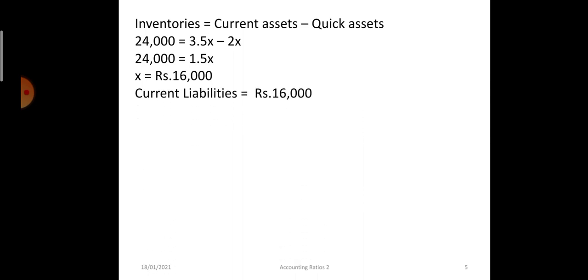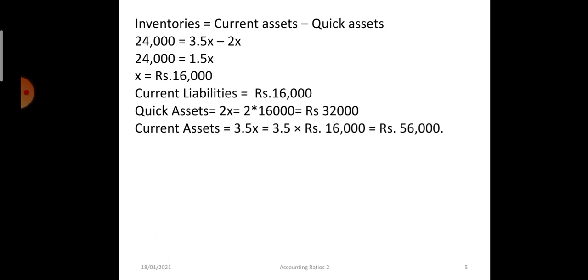That is current liabilities is equal to X equal to 16,000 rupees. So quick assets, 2 times X, 2 into 16, is 32,000 rupees. And current assets, 3.5 times X, is 56,000 rupees.